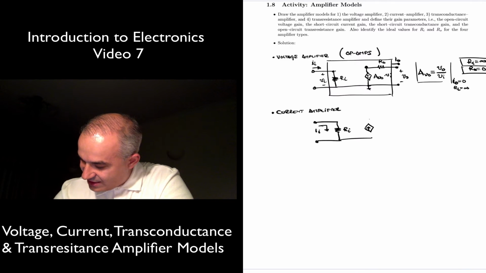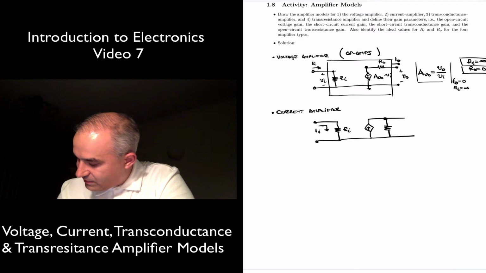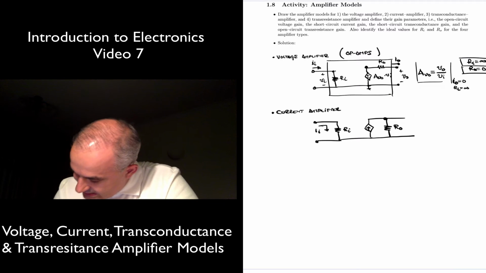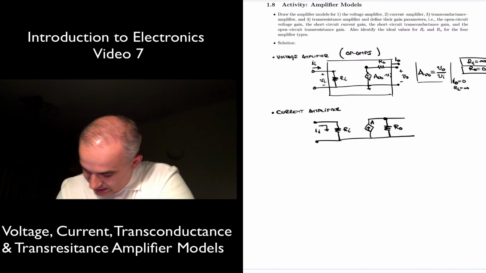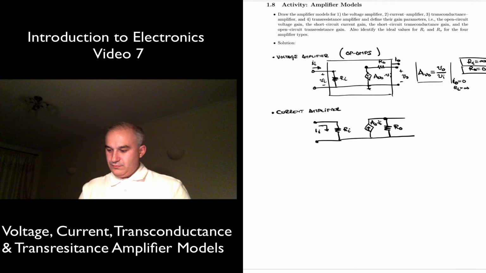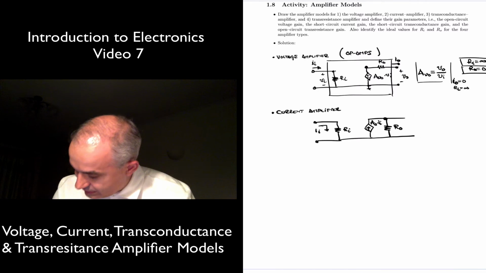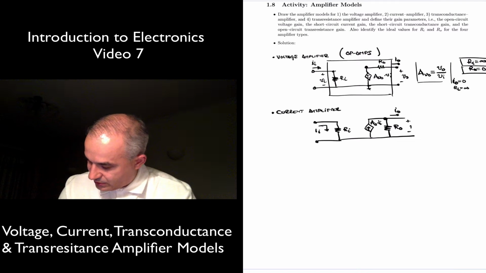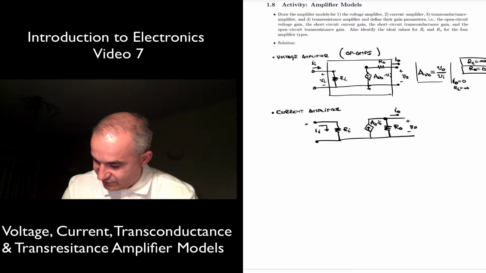So you sense this current and you produce another current, and we are going to model it with the Norton equivalent. So we have the output impedance there, Rout, and this is again AIS times Ii. And we are producing an output current, output voltage. Here we have the input voltage.